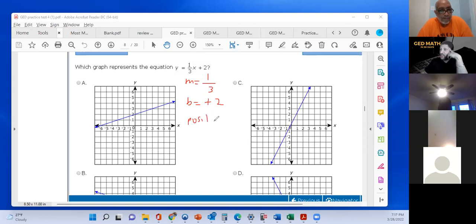Because we know the slope is positive, what multiple choice can we get rid of right away? B? Why? Even though we can't see C, we can see it's going down. For D, we can see it's going down. So we know it's not C, it's not B. Now, what's our y-intercept? 2. Which one has a y-intercept of 2? A.